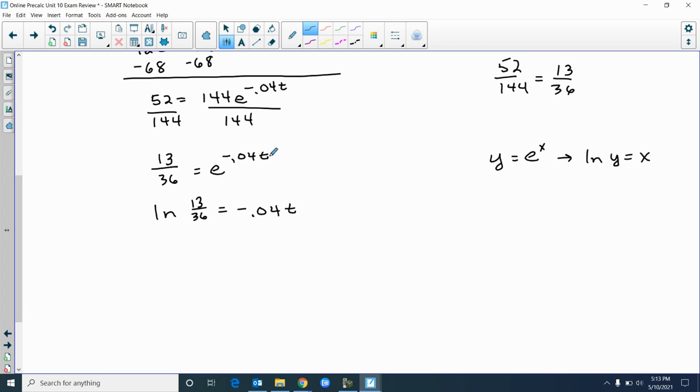So now I don't have the variable in the exponent. Now it's a coefficient in front of it. And I can divide. So you take natural log of 13 over 36 and divide by negative 0.04.